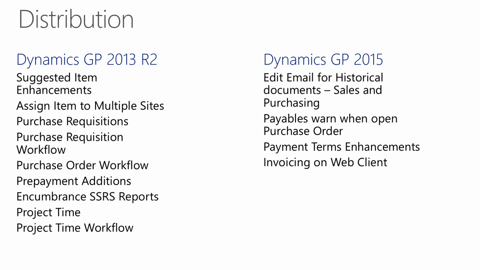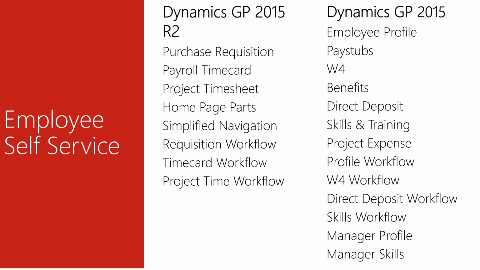We talked about employee self-service. That is a user license that has its own set of functionality, and that's been enhanced. On the right-hand column were the initial releases of employee self-service and its capabilities, and then in the center column, GP 2015 R2, we've added in the additional workflows, navigations, the different timesheet entries, etc. We're moving to the employee self-service user because the business portal has now been officially retired.